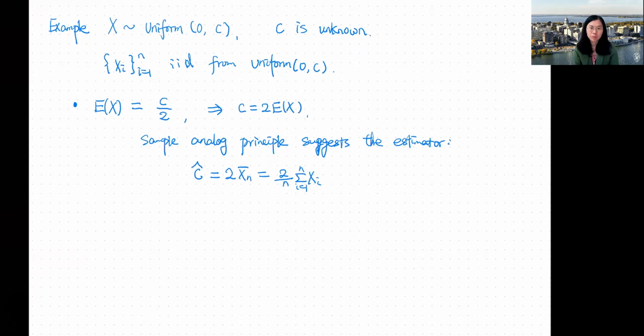So this is one way to estimate the C in the uniform distribution. There are other ways as well.